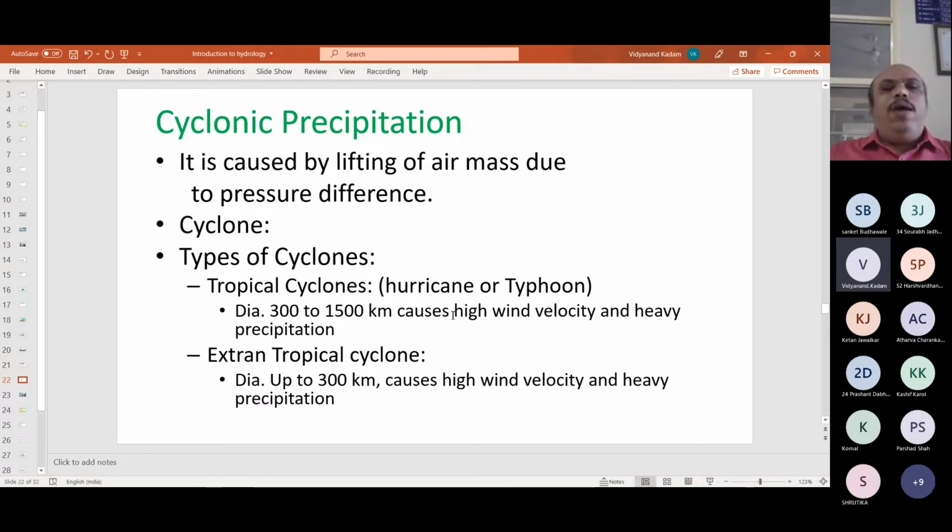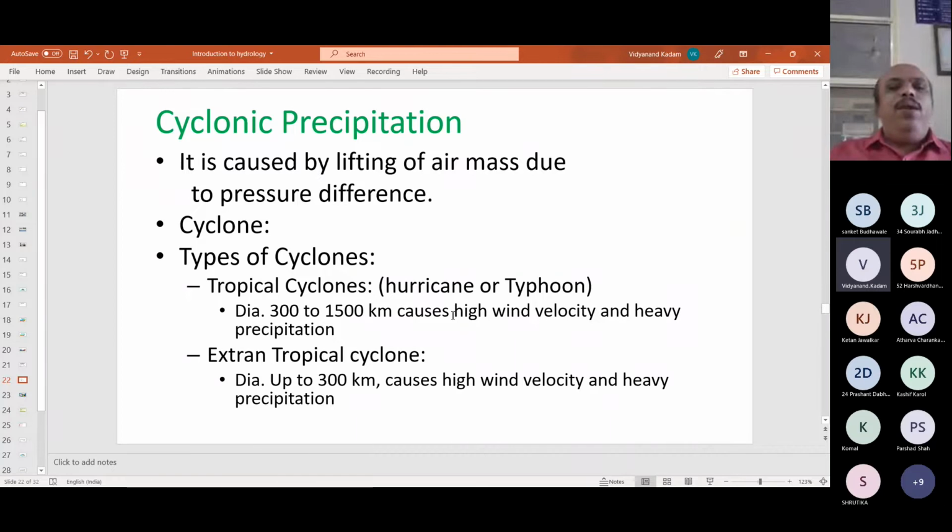Now, cyclones are broadly classified into two types. Tropical cyclones, which are known as hurricane or typhoon, have a diameter that varies from 300 to 1500 kilometers, and the wind velocity is very high, and it results in heavy precipitation.